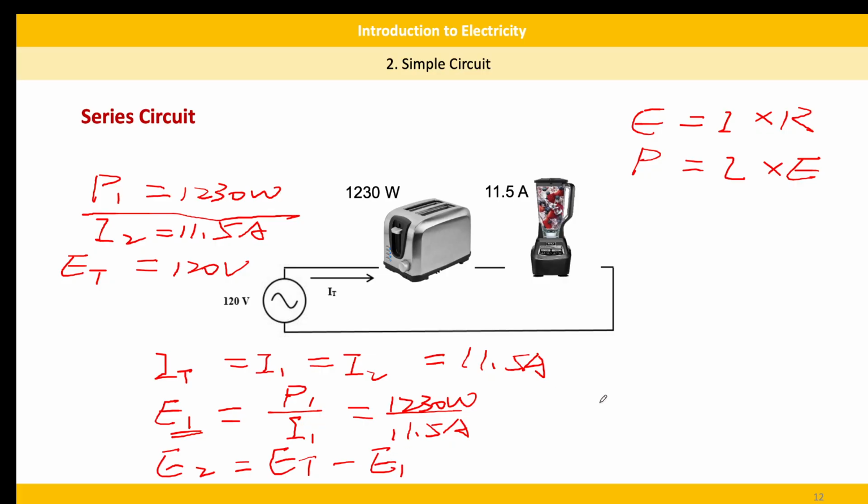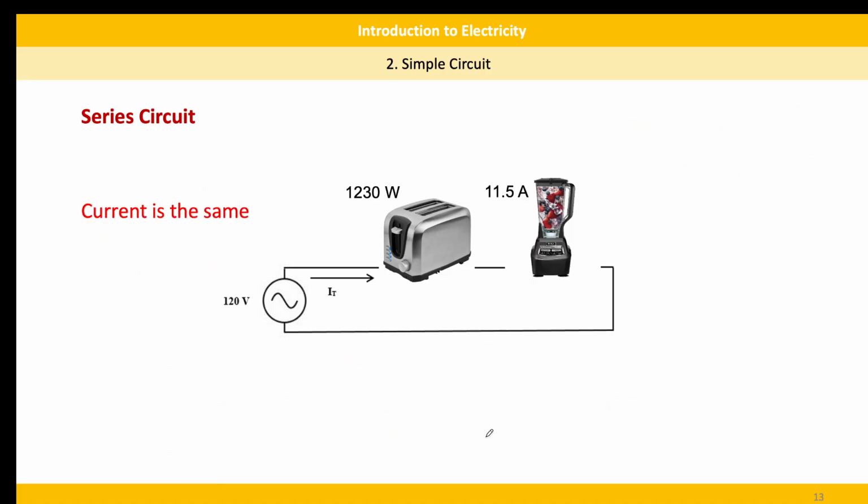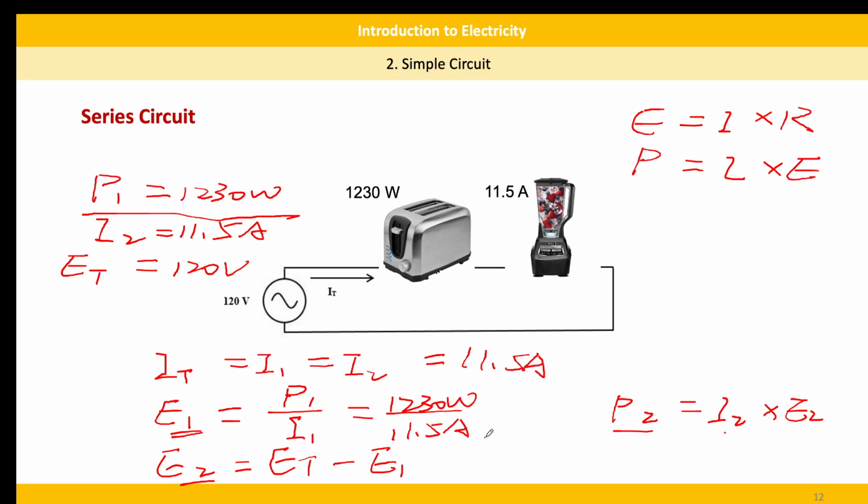And also, how about the P2? So P2 is I2 multiply E2, because we got E2 right here. I2 is 11.58, so you can get P2. So use the two laws to convert a lot of different formulas to get your expected outcome. And the current is same, okay? Current is same, you see? IT same as I1 and same as I2.